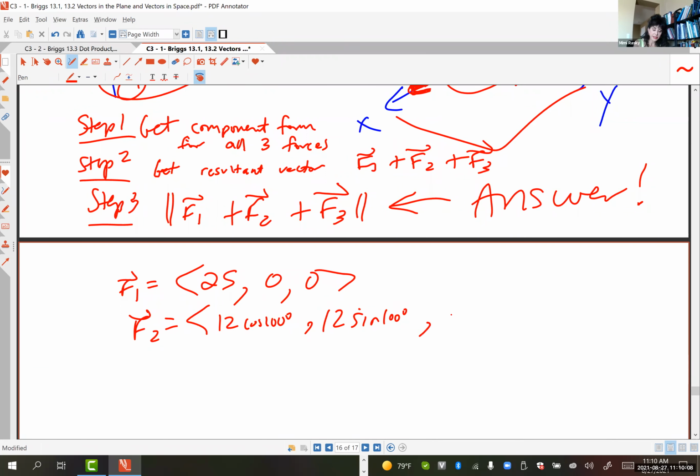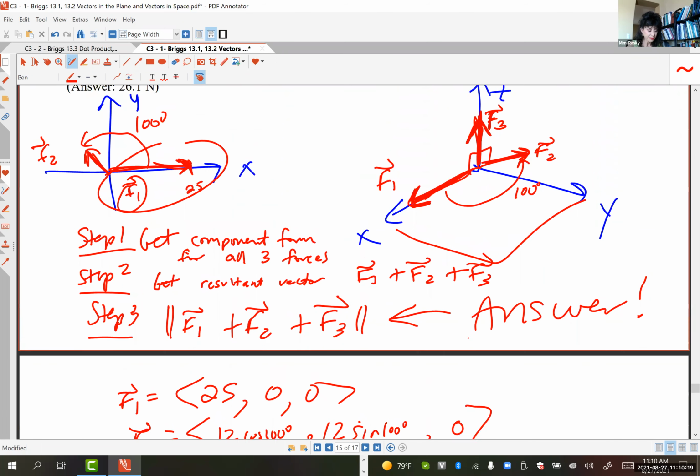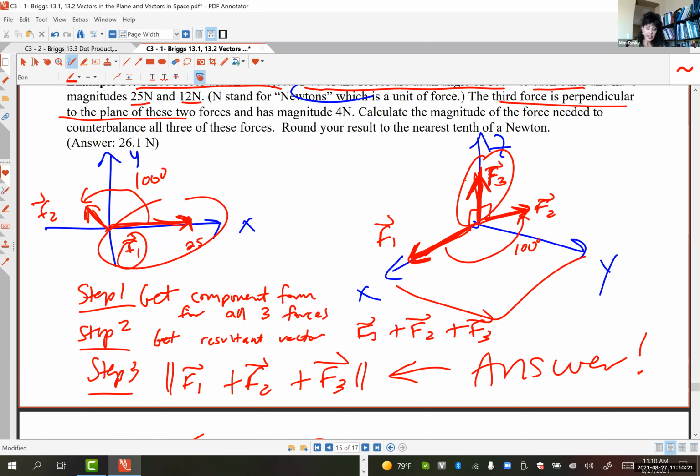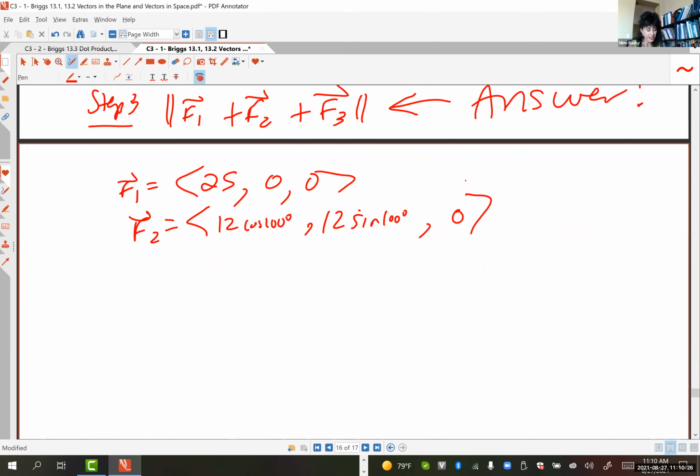And because he is in the xy coordinate plane, it's understood that his z component is zeroed out. You get that for free. And finally, F3 is sitting right on top of the z-axis. He's parallel to the z-axis. So it's understood his x and y components are zeroed out, and he'll just get that 4, because that's how his length is pointing in the z-axis direction.